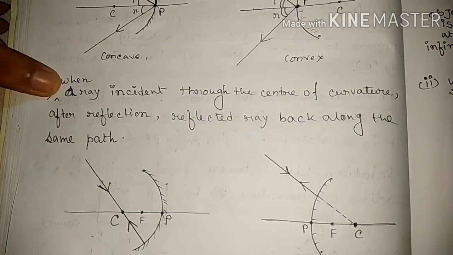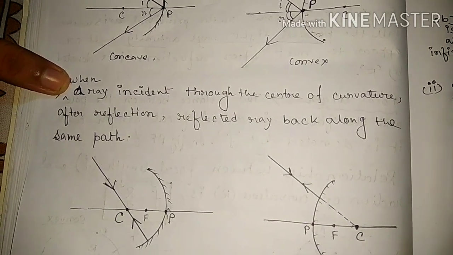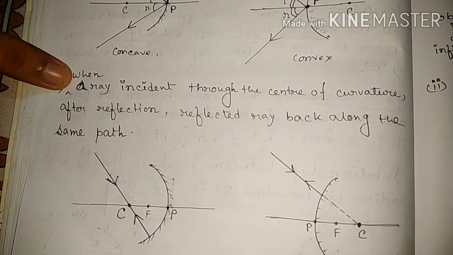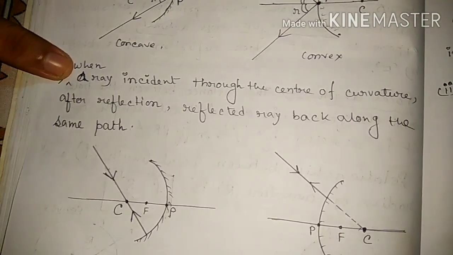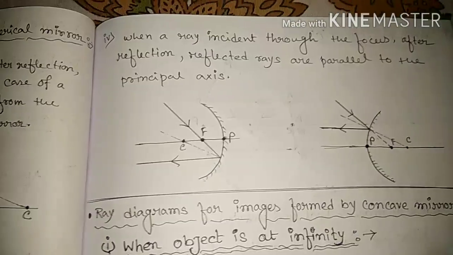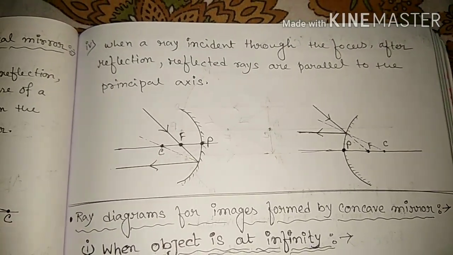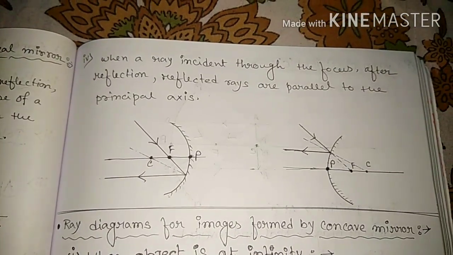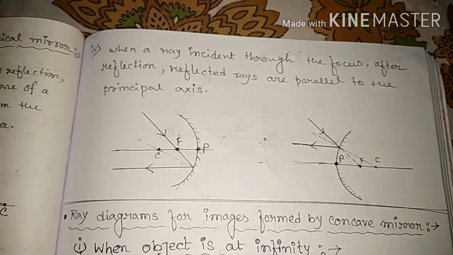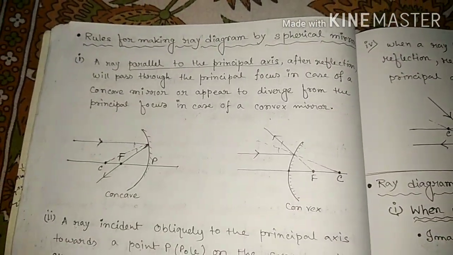If the ray is incident through the center of curvature, after reflection the reflected ray goes back along the same path. And the fourth rule is, if a ray is incident through the focus, after reflection the reflected ray is parallel to the principal axis. Is it clear? So please keep these rules in your mind.